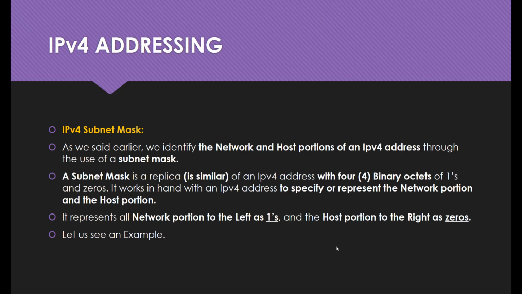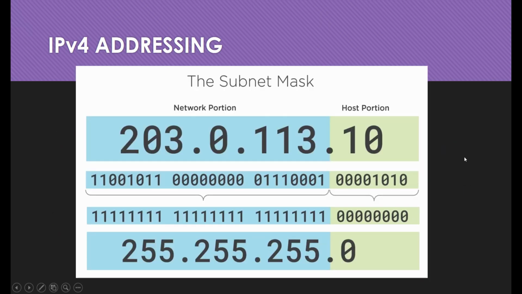So let's see an example of this. Here we have an IP version 4 address, and we can see the network and the host portion, and we converted that to binary, and we can see that just right under that. We can see that the subnet mask uses the same concept as the IP version 4 address. So it is important to differentiate which is an IP version 4 address and which is the subnet mask.